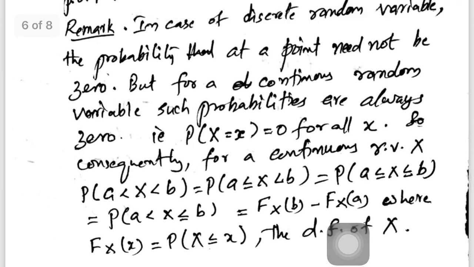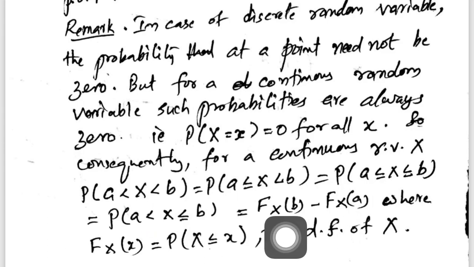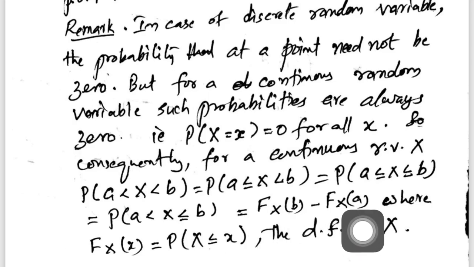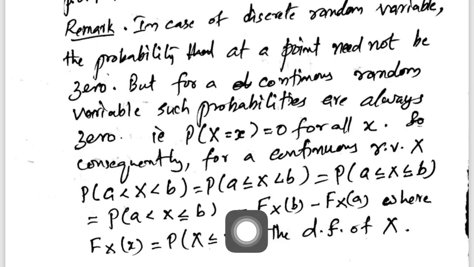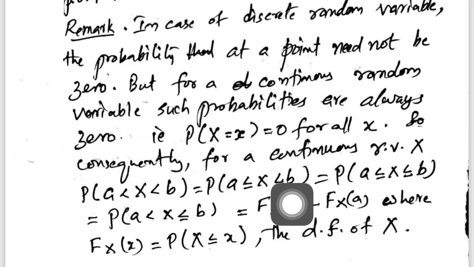So consequently all these probabilities are the same, and all these probabilities are nothing but F of b minus F of a, where a is the lower limit and b is the upper limit of this interval. So whether this b is included or excluded.